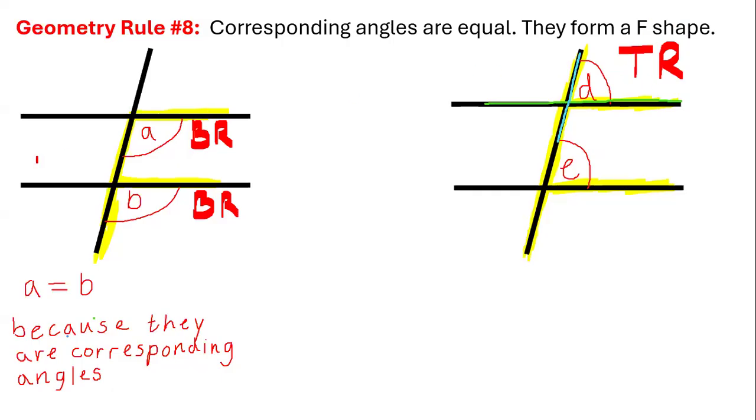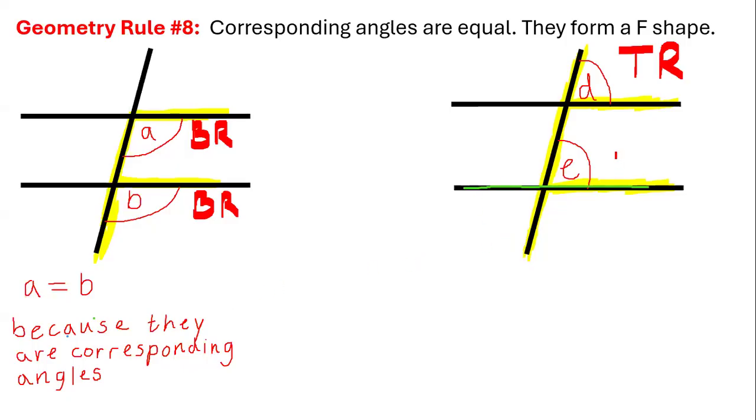Let's make sure that's the case. With respect to this green line, what is E? Is it to the top of it or to the bottom of it?